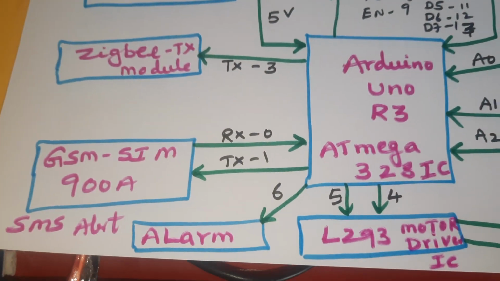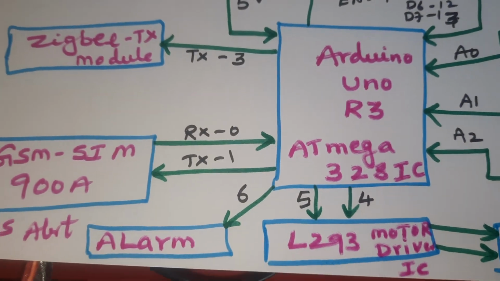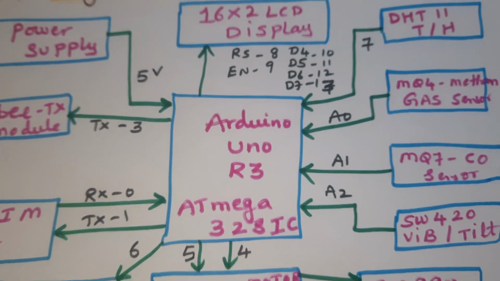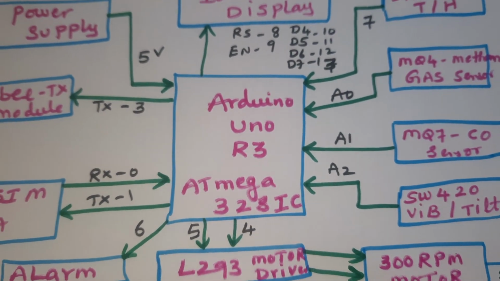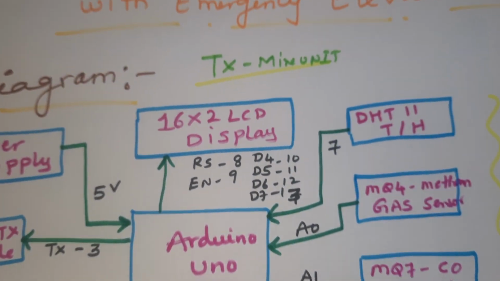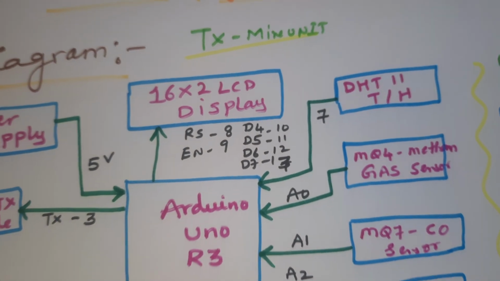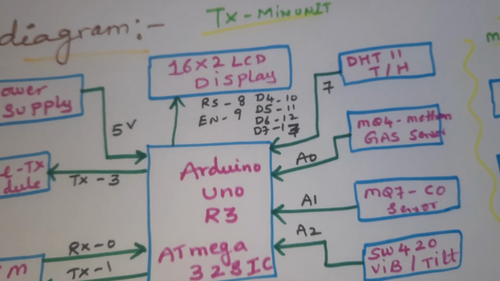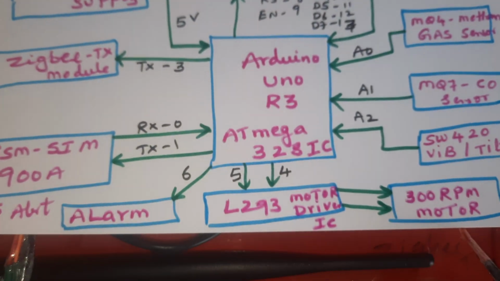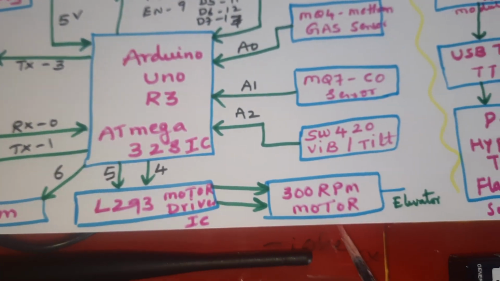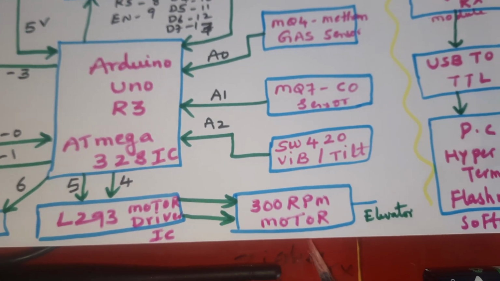Zigbee, GSM SIM 900A RX TX for SMS alert, Arduino Uno R3 ATmega328 controller IC board, 16x2 character LCD display, RS, enable, D4, D5, D6, D7, GPIO pin numbers 8, 9, 10, 11, 12, 13, and one alarm, L293D driver IC, and 300 RPM motor.